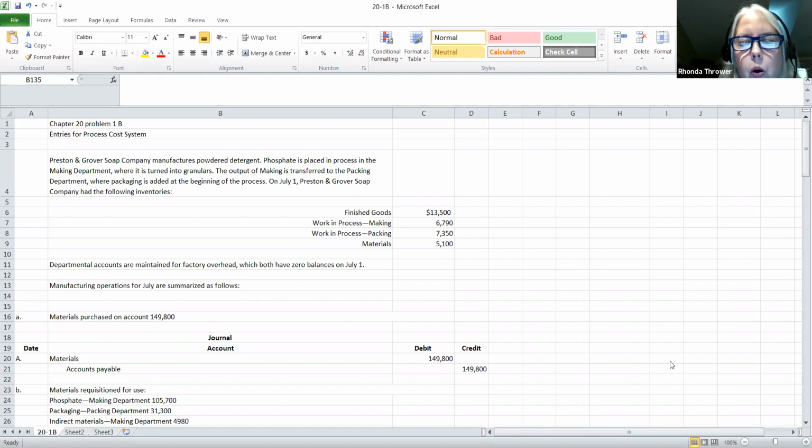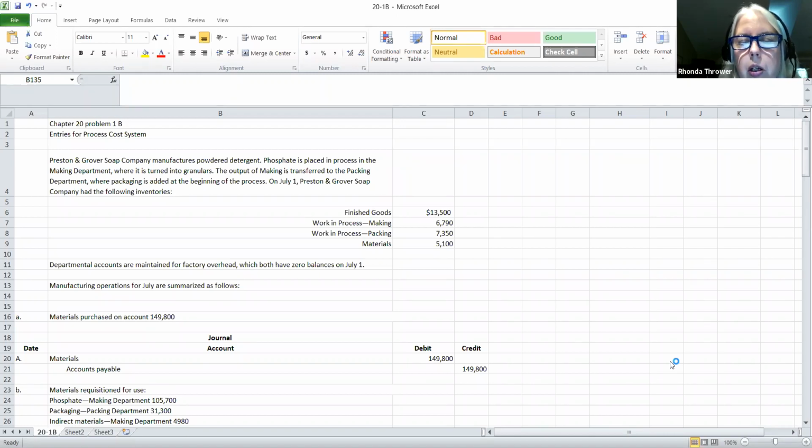So each department would keep up with its materials that are used during an accounting period, the labor that was used during an accounting period, and the applied factory overhead. Each department has its own work in process account where the manufacturing costs are kept up.